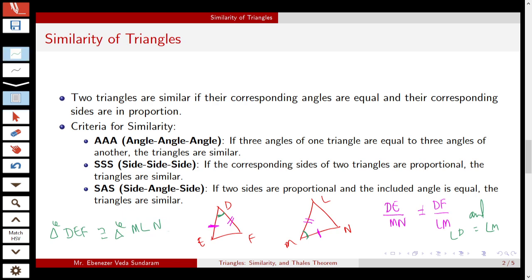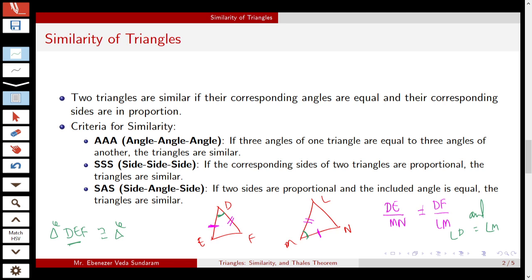So is DE in the same proportion as ML? I guess not, because DE and MN are in proportion. So this way of writing is wrong. What should actually happen is that in place of DE, I should have either MN or NM.